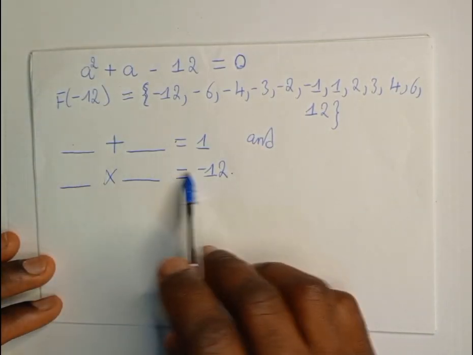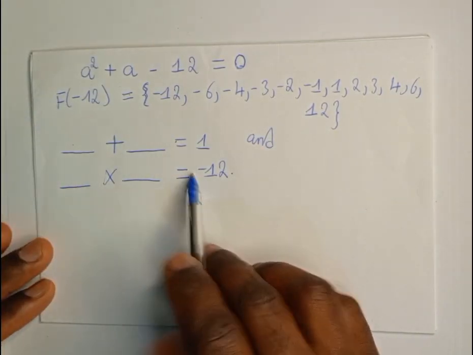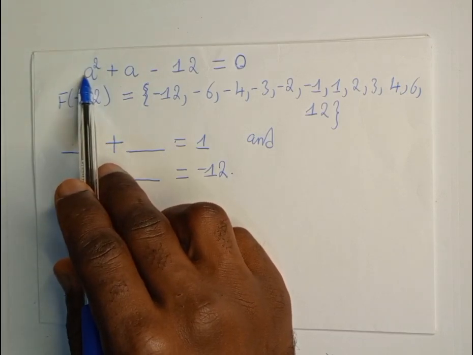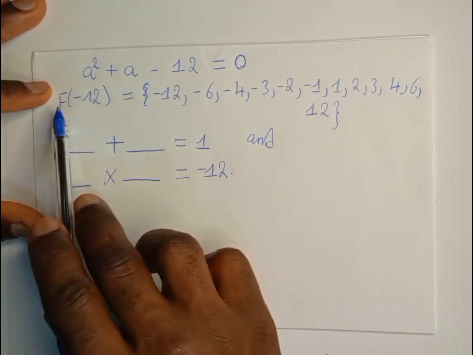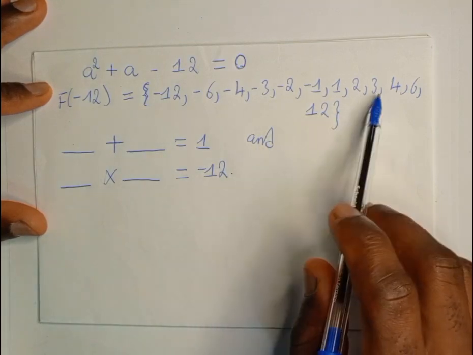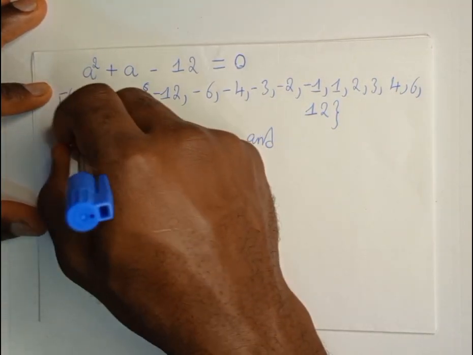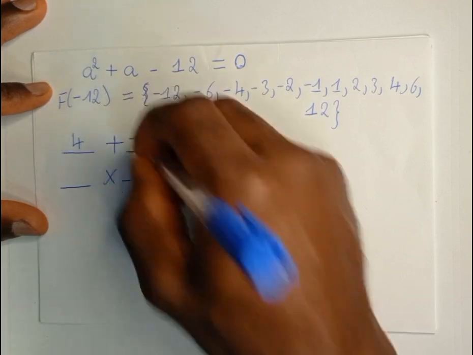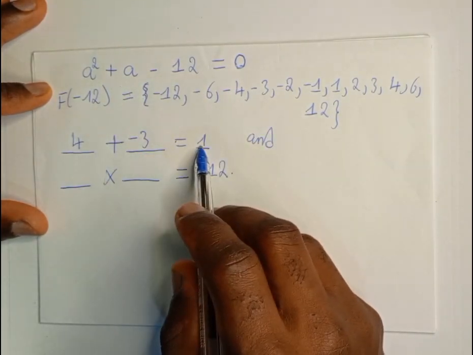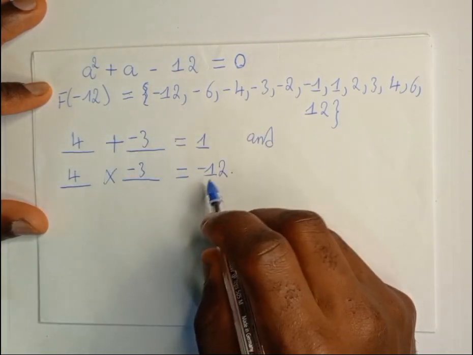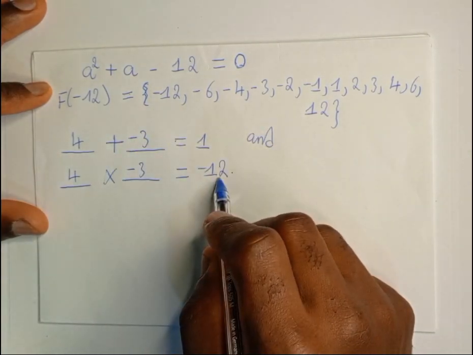We are making use of this approach because the coefficient of a squared is 1. Looking at the set of factors of negative 12, we can make use of 4 and negative 3. 4 plus negative 3 is equal to 1. 4 times negative 3 is equal to negative 12.